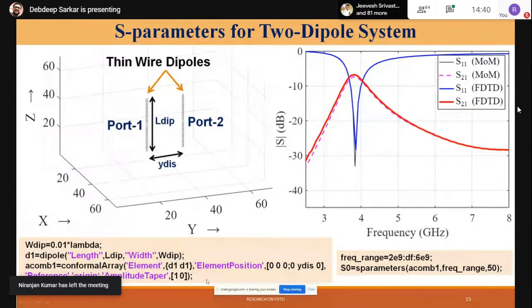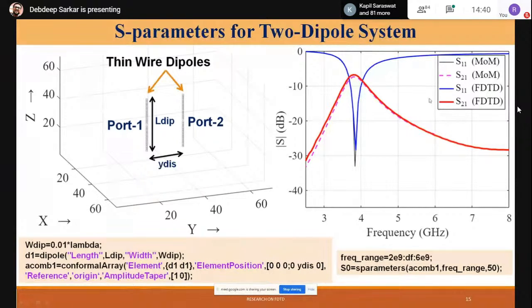I chose the dipole element and kept its length and width based on what I chose in my FDTD simulation itself, so I directly took that input from there. After that, I used this conformal array element to get a two-element array, and I tried to find out its S parameters.